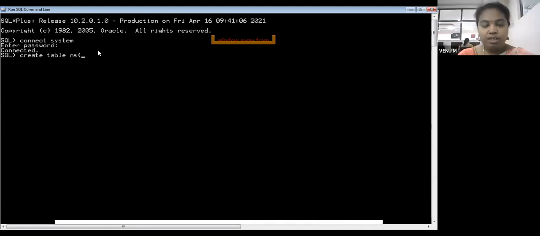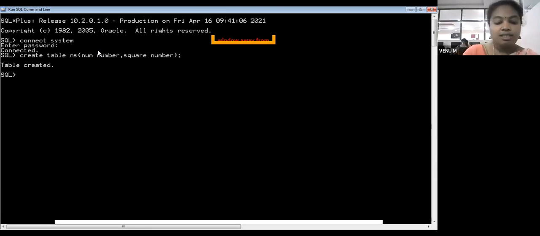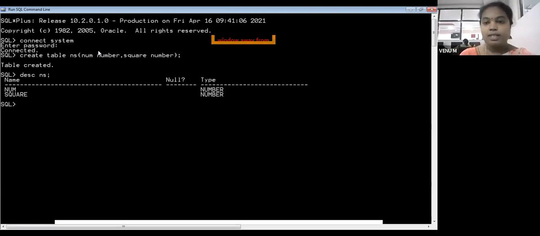What are the columns for the table? Number, and you have to decide which data type. Number is number data type. Square, which you have to calculate, is also number data type. So based on the data type, you have to create it. Just see the structure of that table: number and square. There are two columns for the table.